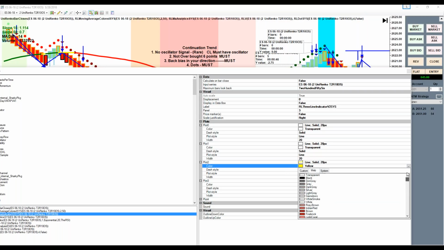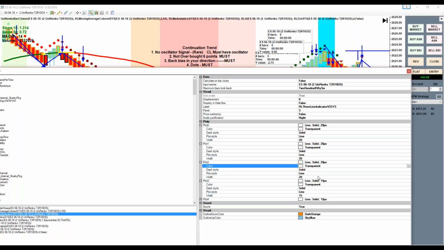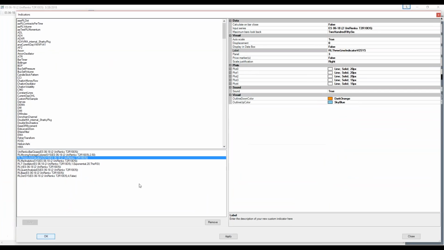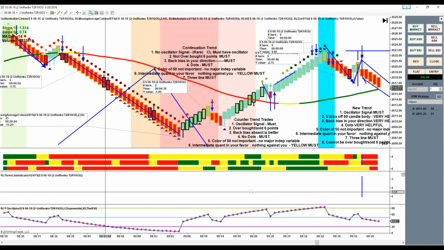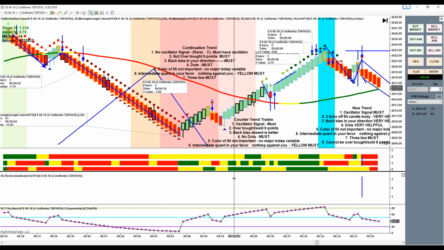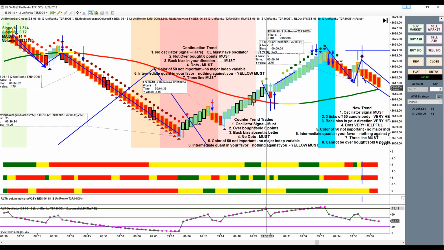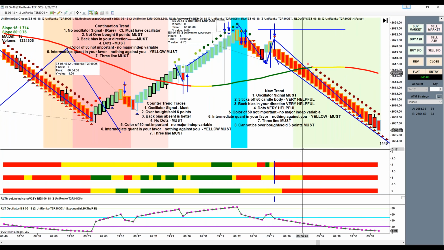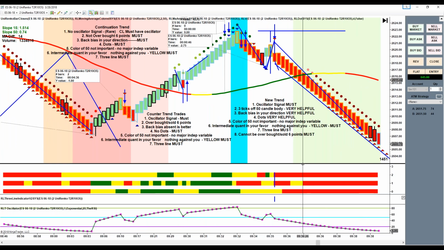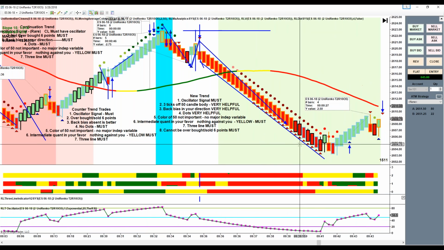Three line to transparent. Let me hit OK. They're gone. And look at what you can do, just squish it down. I mean, they're there. Move that up. And now you still have all the data that you had before. You're not losing anything because all that matters is the candle halo.